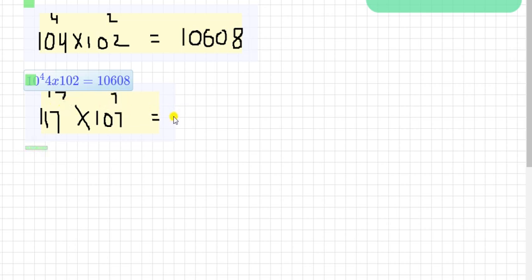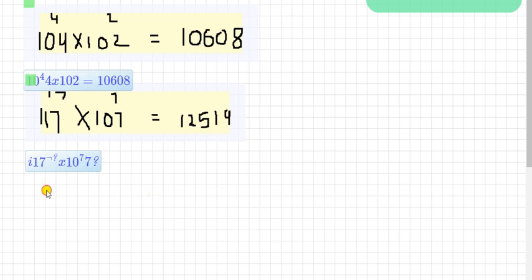So 17 into 7 is 119, but we will write only 19 and take 1 as a carry to the next part. We add 117 with 7, that is 124, and with the 1 carry it will be 125. So when 117 is multiplied with 107, we get 12519.